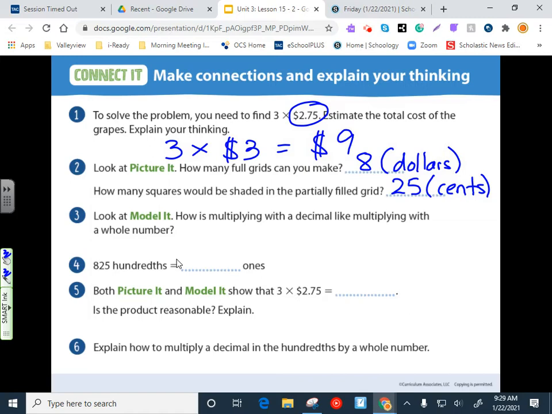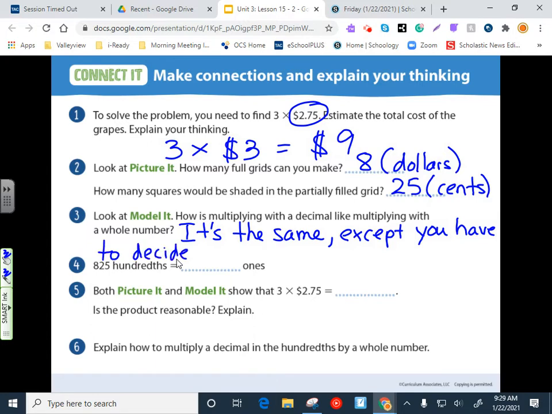How's multiplying with a decimal like multiplying with a whole number? It's the same, except you have to decide where to put your decimal. 825 hundredths equals 8.25 ones.